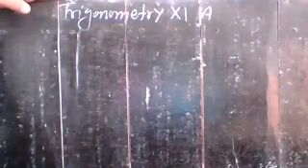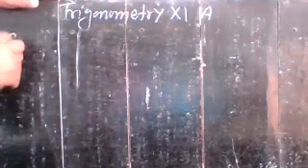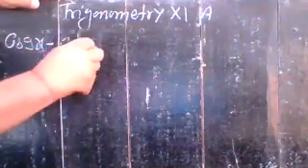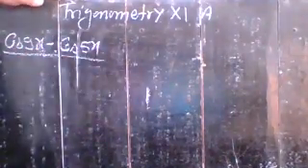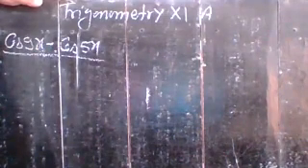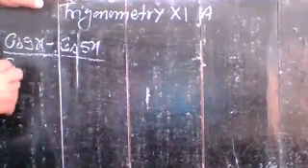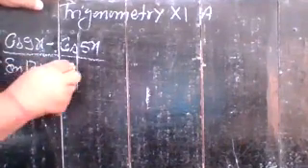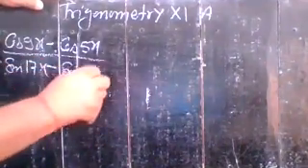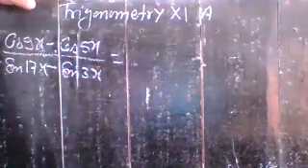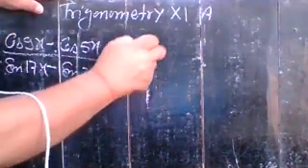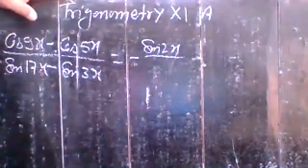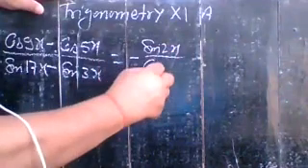Cos 9x minus cos 5x, whole divided by sine 17x minus sine 3x, is equal to, you have to prove, minus sine 2x upon cos 10x.